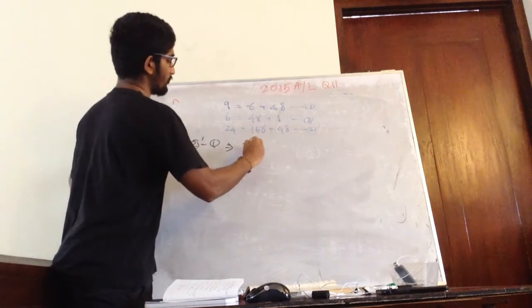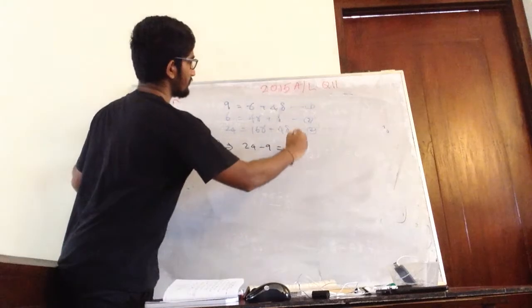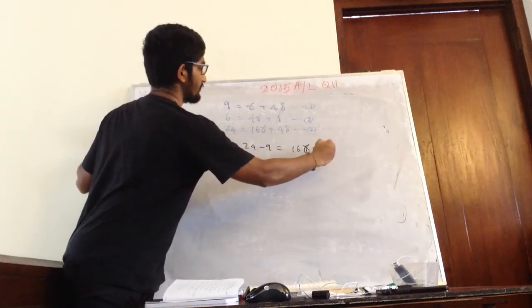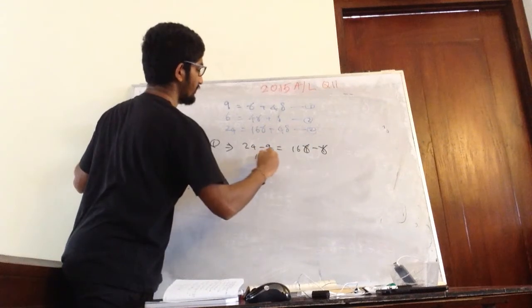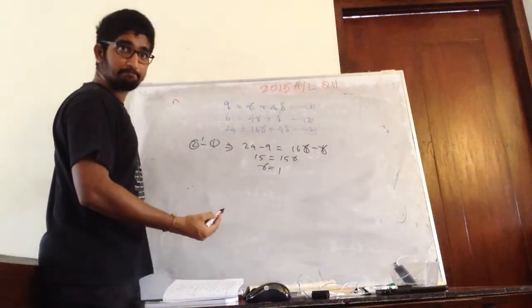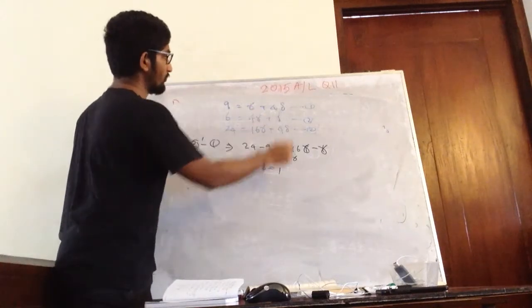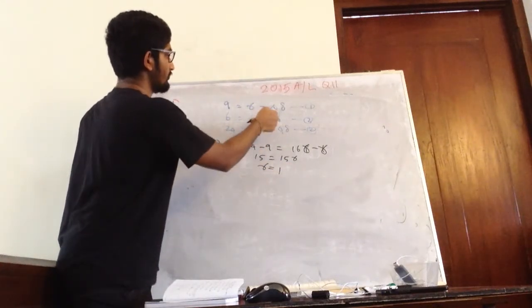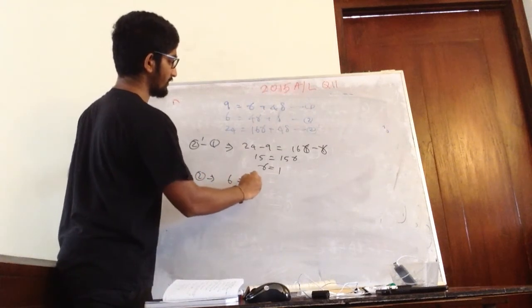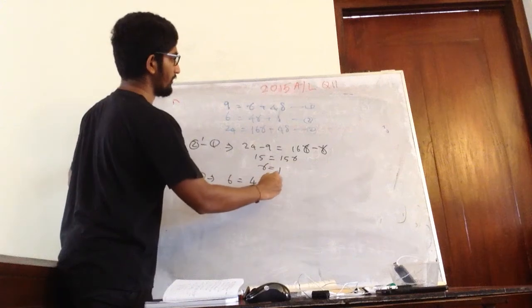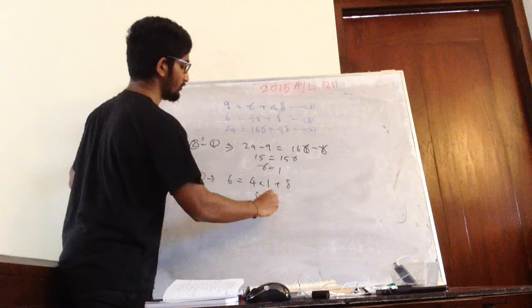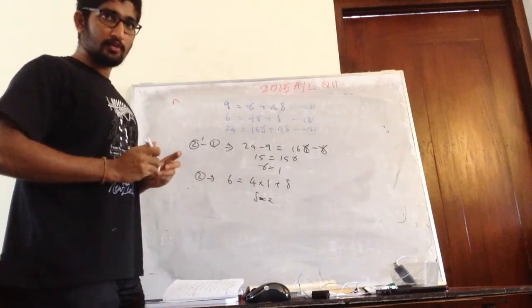So 24 minus 9 equals 16λ minus λ, that is 15 equals 15λ, so λ is equal to 1. Then using the second one, 6 equals 4 times 1 plus δ, so δ will be equal to 2.